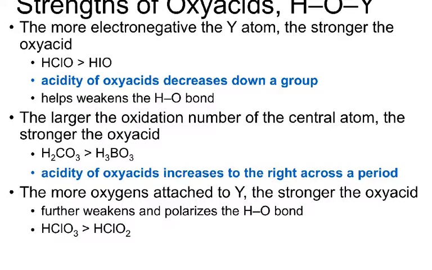So the acidity is going to increase to the right across a period, just like the binary acids did. And the more oxygens, the stronger the oxyacid. So HClO3 is a stronger acid than HClO2.